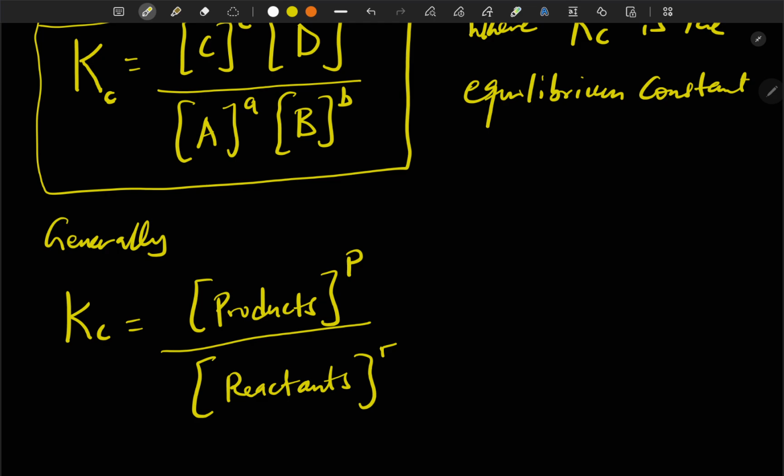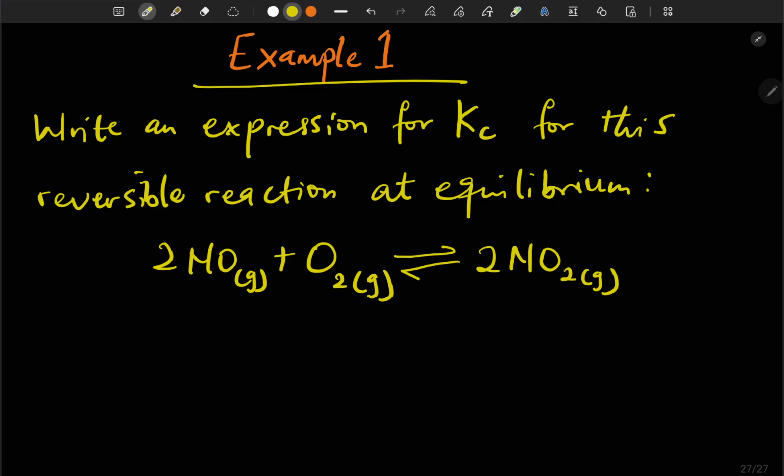So now let's solve a question and see how to apply this equation. Let's consider this example. Write an expression for Kc for this reversible reaction at equilibrium. So we have 2 moles of NO, which is nitrogen(II) oxide, plus oxygen gas gives nitrogen(IV) oxide, NO2.